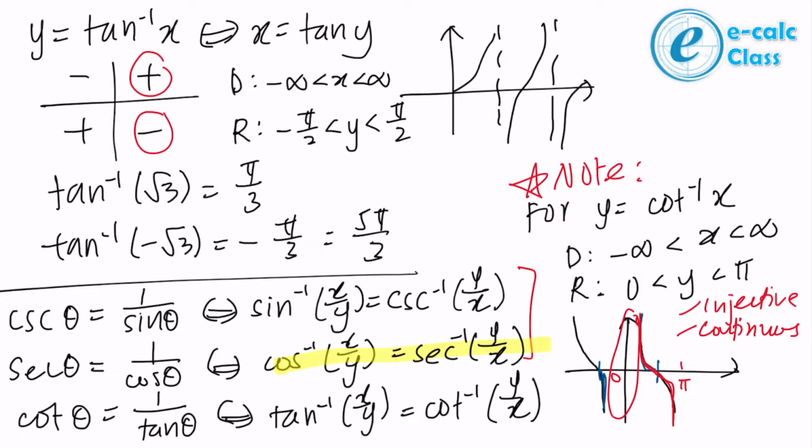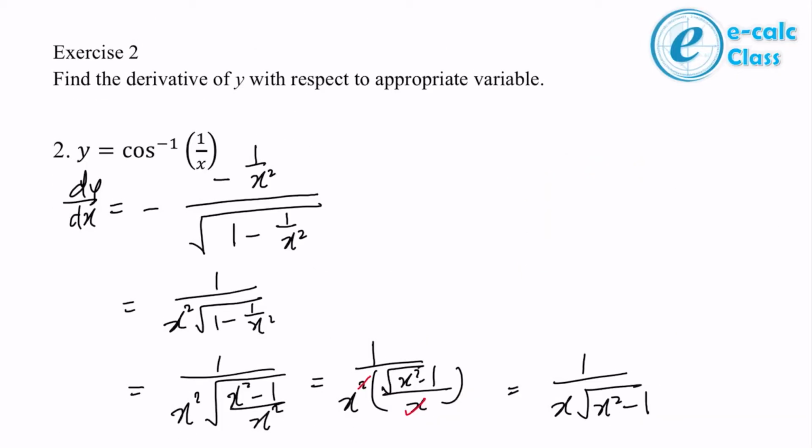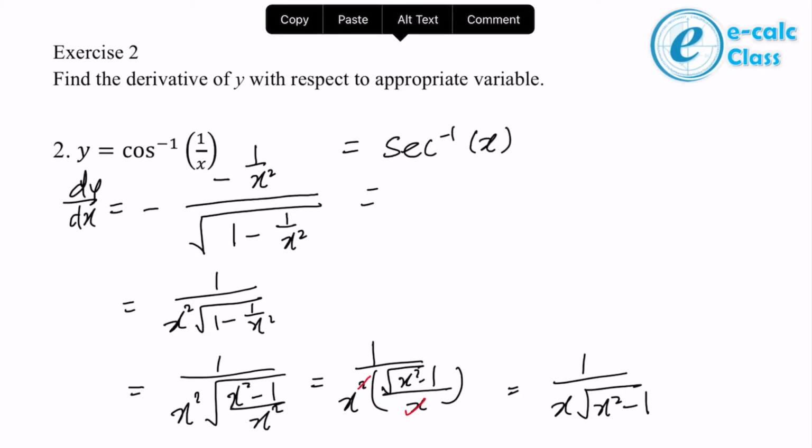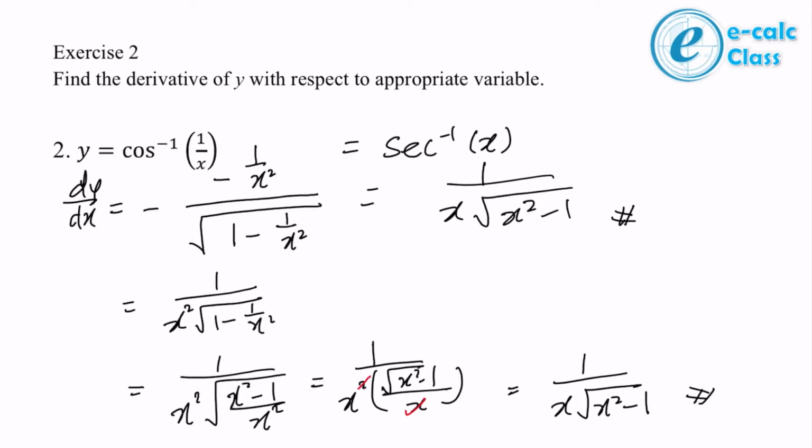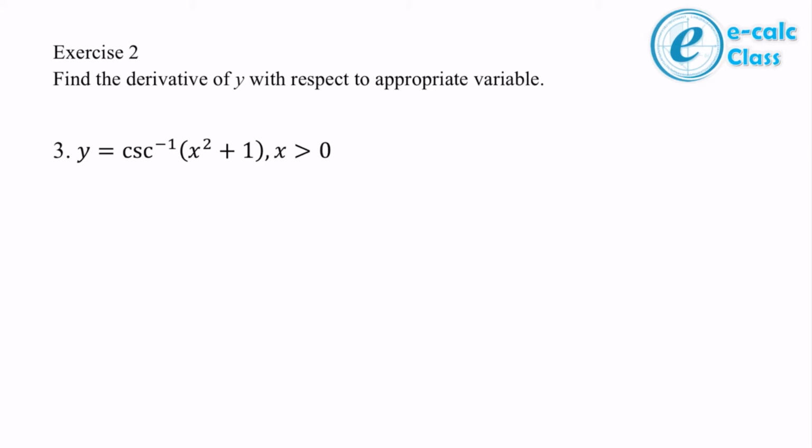So you know what? This is just secant inverse of x. It is 1 over, you have x outside, square root x squared comes first. Finish. See, that is exactly the same. So if you see a fraction inside an inverse trigonometric function, just switch it to secant, cosecant, or cotangent, and vice versa.